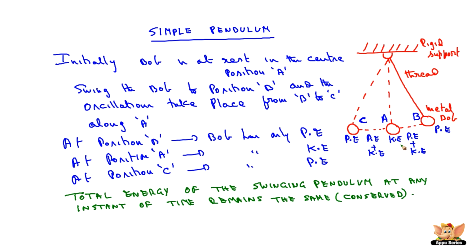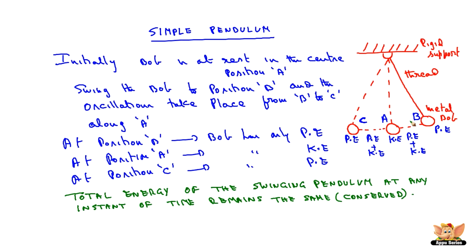And why does this happen? Because of the friction at the supporting point of the pendulum, and air friction when it is moving in the air. These two act on the swinging bob, and that converts the mechanical energy of oscillations to heat energy.